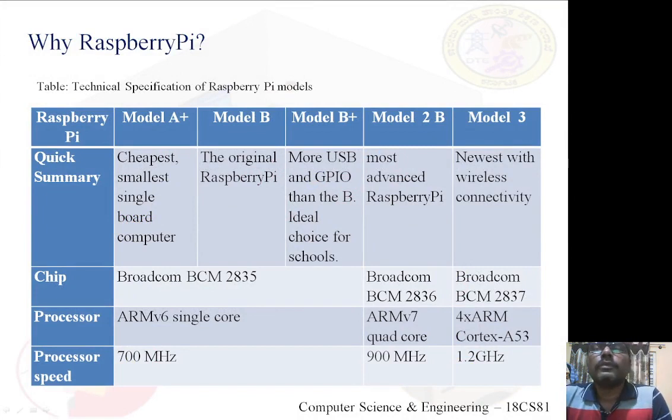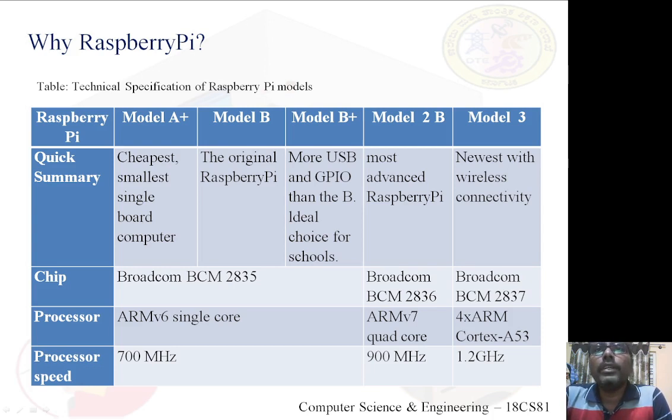Now let us have a look at the technical specification of Raspberry Pi models. The Model A Plus is the cheapest, smallest single board computer.